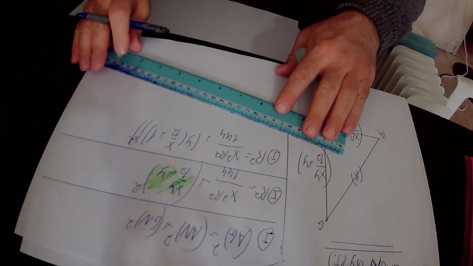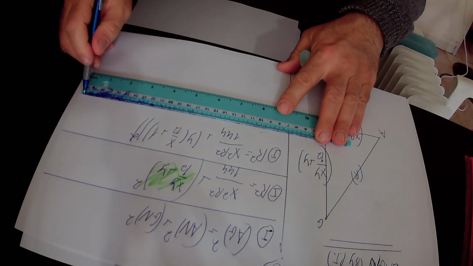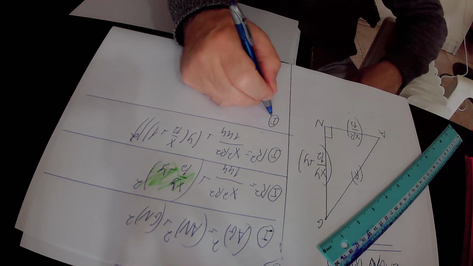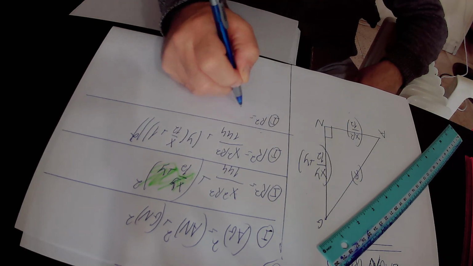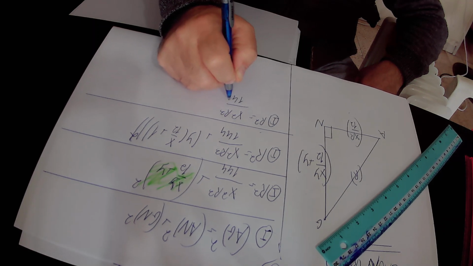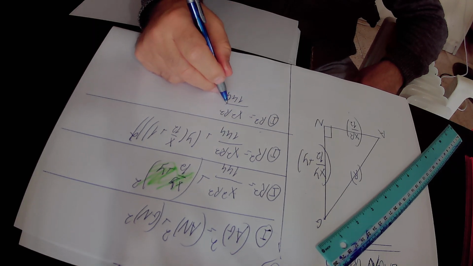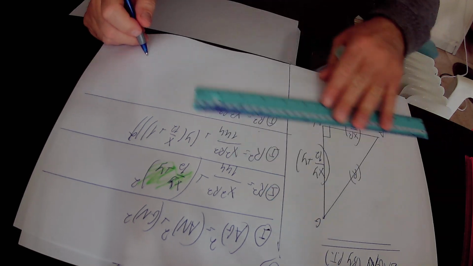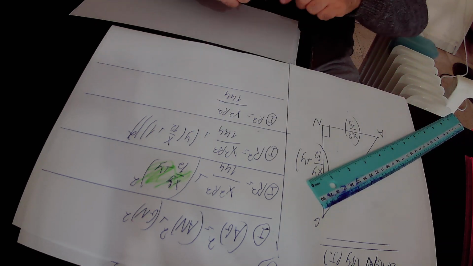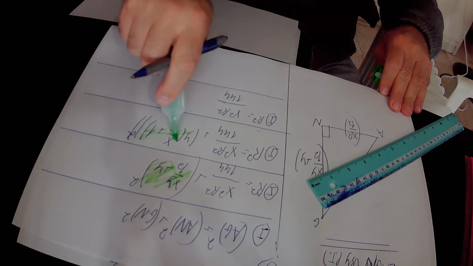So actually, according to equation 1, we found out that R square equals x square times R square over 144. And here we have this expression, the green color.